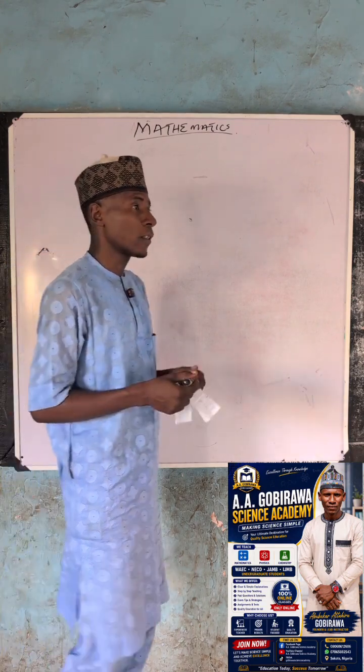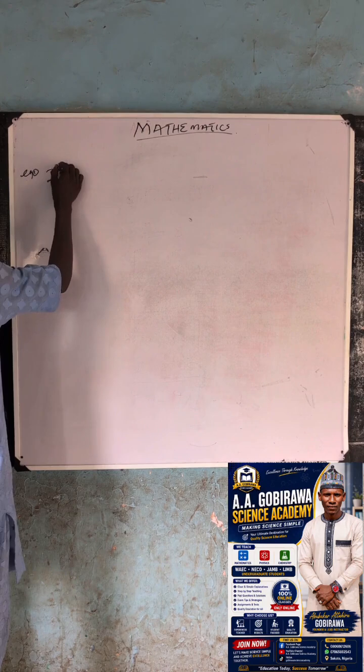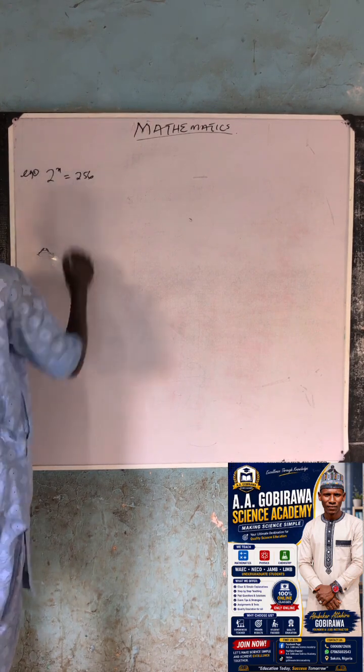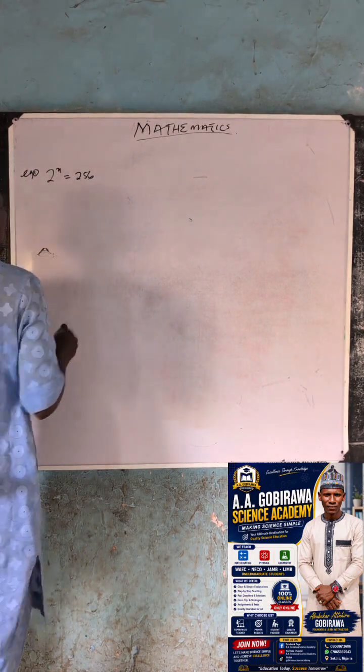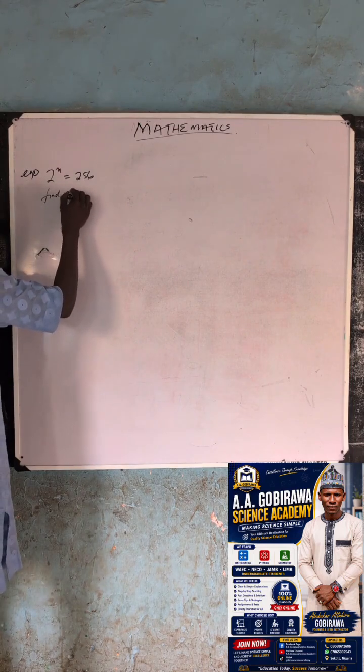So let's get started. Muna da 2 power x is equal to 256. So then find the value of x.